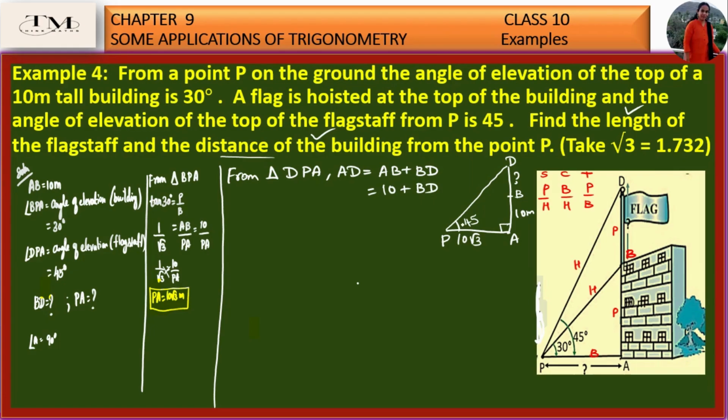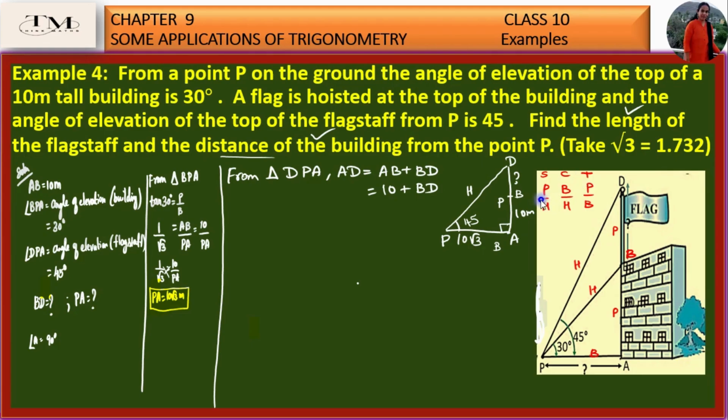Angle P is 45 degree and this AD is the perpendicular. Opposite to 90 degree is hypotenuse and AP is the base. We know the base. We have to find out DB. So DB lies in the perpendicular side. So the relationship is between perpendicular and base.